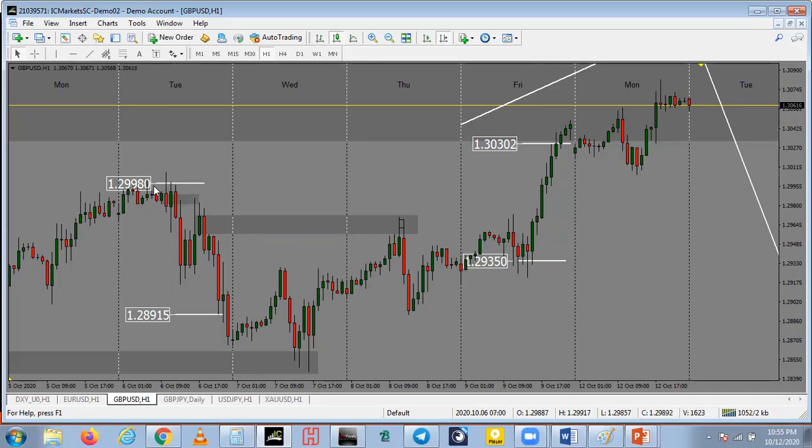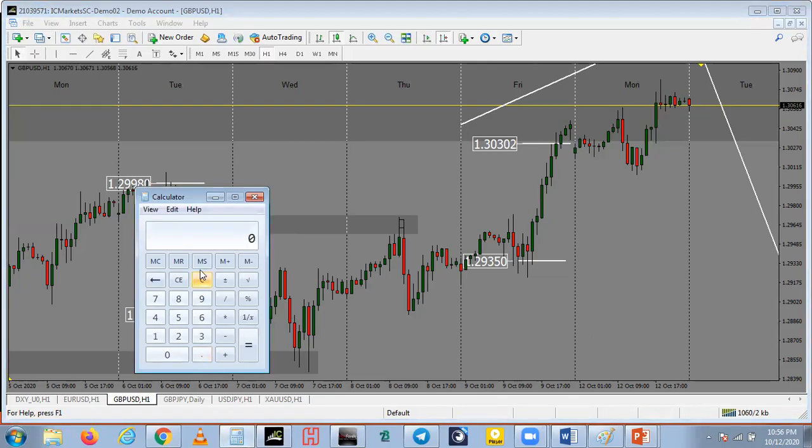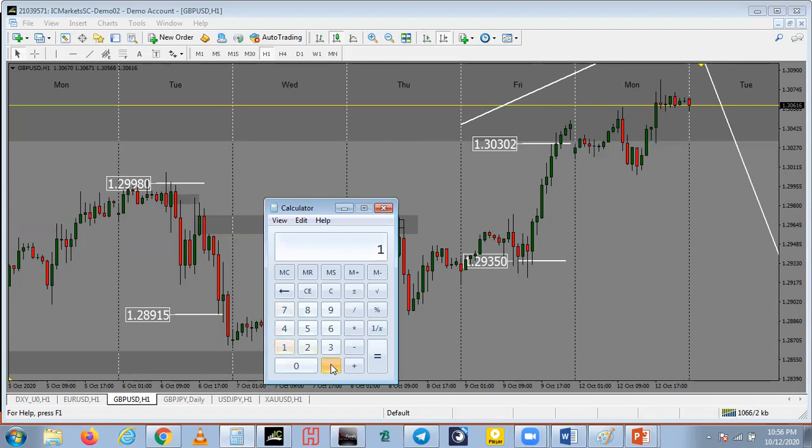Okay, so if you enter here, that's 1.29980, and you left here. Let's calculate how many pips you made in that movement. That'll be 1.29980 minus 1.28915.